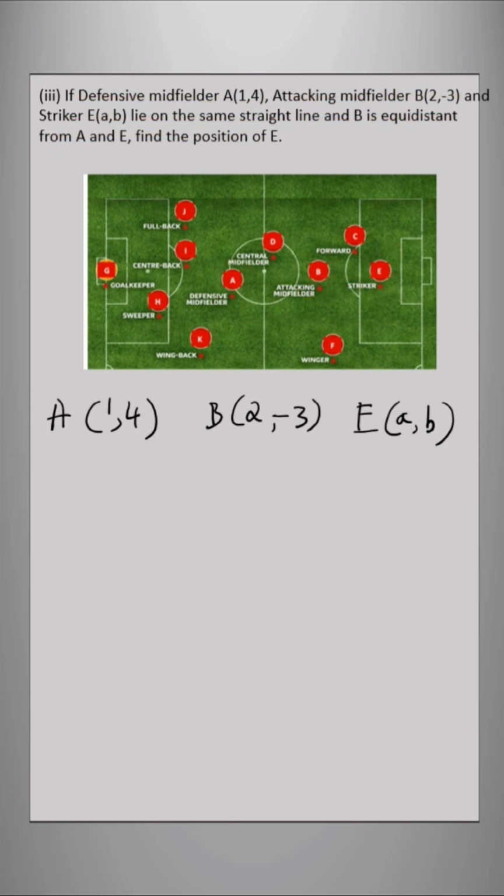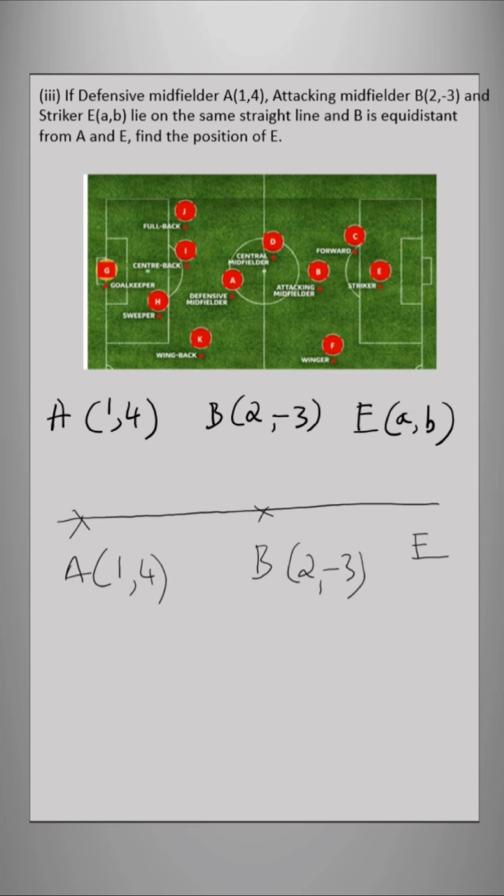Okay, now let us have the coordinates of A and B. Now according to the question, B is equidistant from the points A and E. This is B, equidistant. Means B is the midpoint of A and E. Coordinate of A is (1, 4). Coordinate of B is (2, -3). Coordinate of E is (a, b).